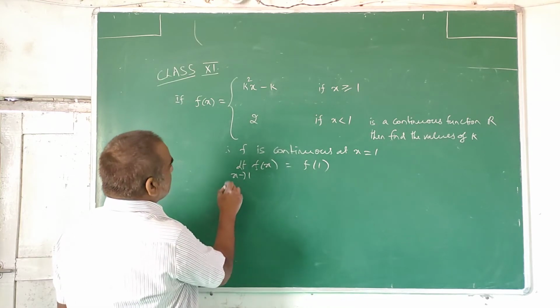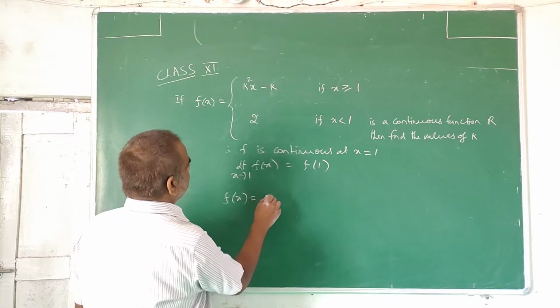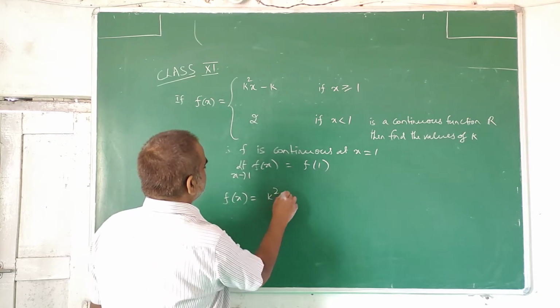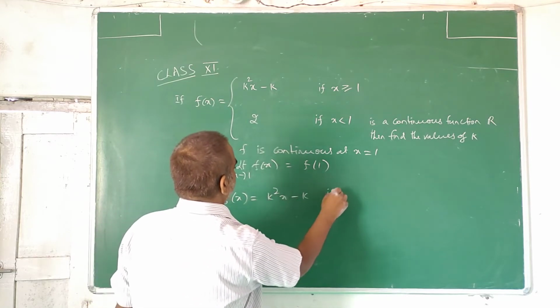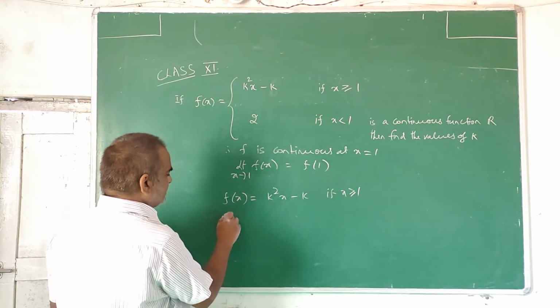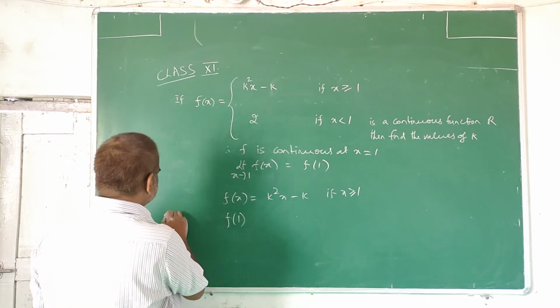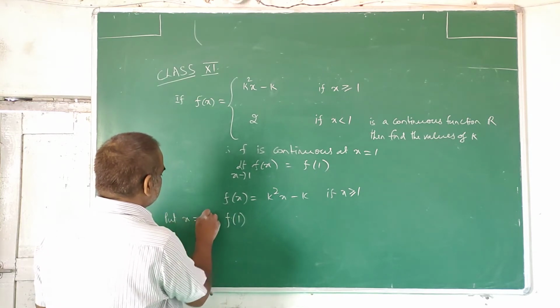Now what is f(x) when x is greater than or equal to 1? K²x minus k. So if you put x equal to 1, then what do you get?